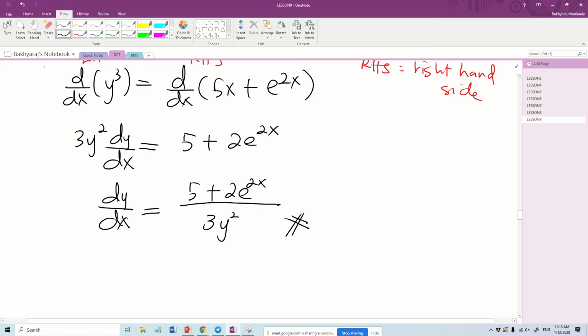Okay, number 5. So given y square equals x log 3x plus 1.